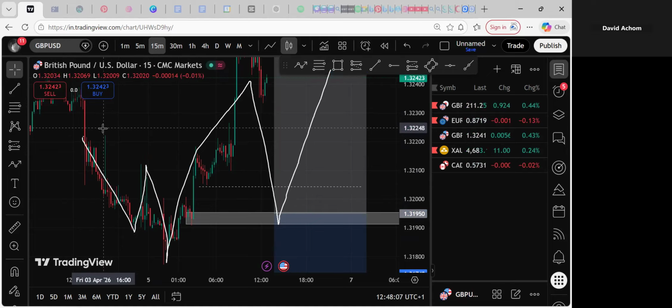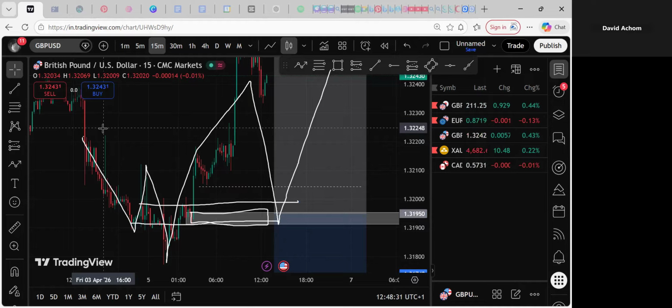So this point here can be your preferred entry, or, like you said, you can enter off this other block here. This can also be your entry reason. Some people will enter based on this structural point here, because that's the structural point actually. That also can be your entry reason.